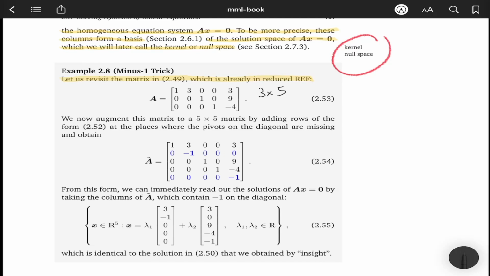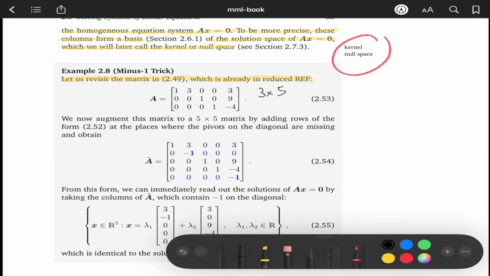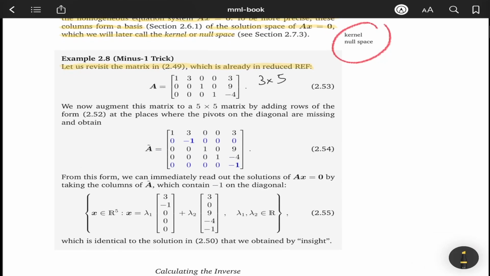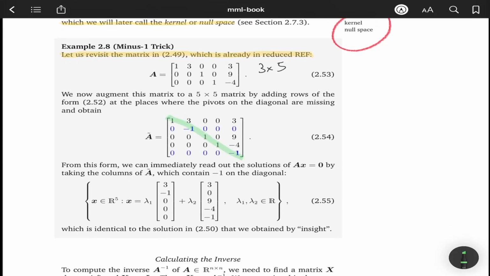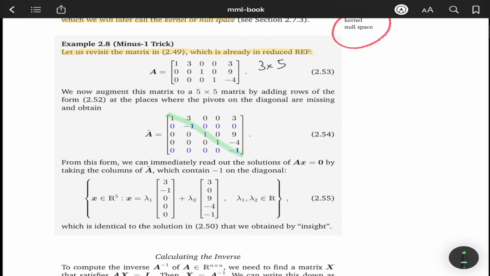We are adding 2 new rows, and the position of them is obvious because we want the pivots all to be in a diagonal. So the first one has to be on the second row and the last one is in the last row, because these are the ones which are missing. So we have this diagonal.